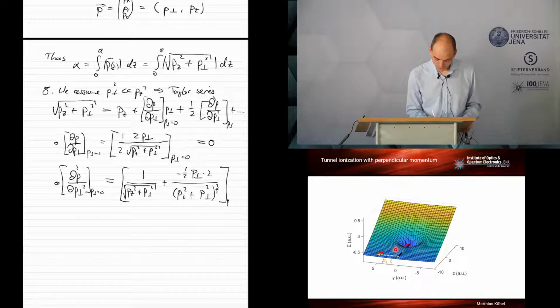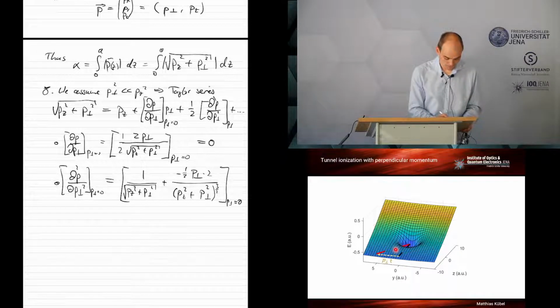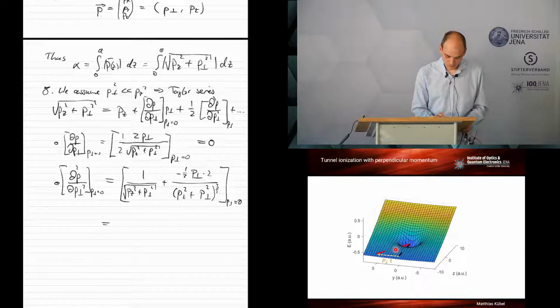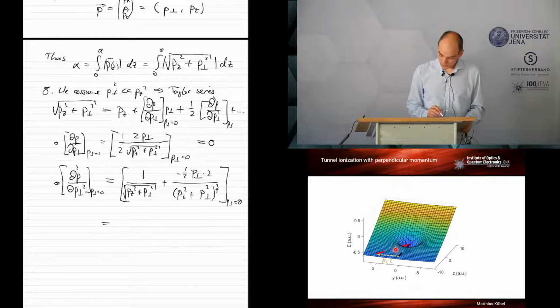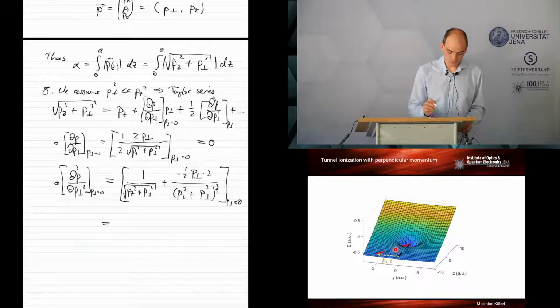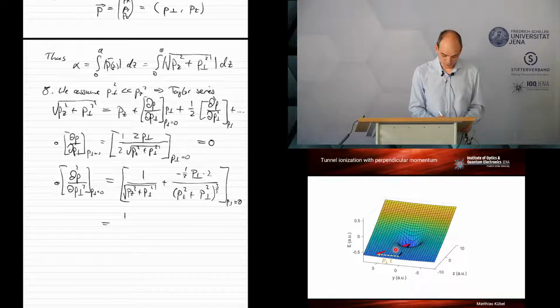Again, we evaluate this at p perpendicular equals 0. This term is again 0, and that term is very simple: it's simply 1 over pz.